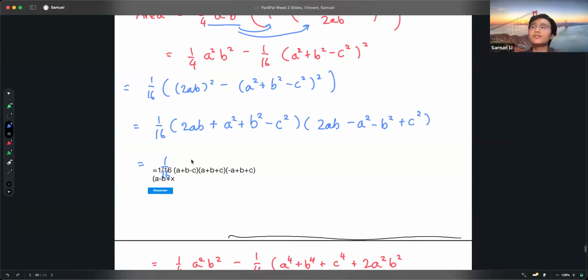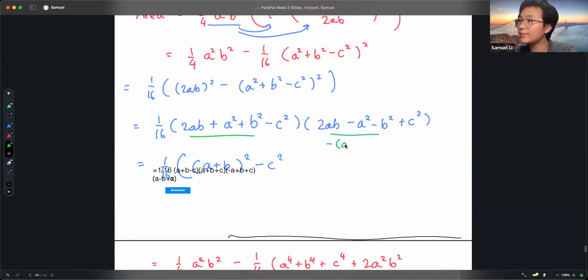I think that's fine. So the first right here would be equal to a plus b squared minus c squared. Why? You look at this guy right here. That is a plus b squared. Look at the second factor.